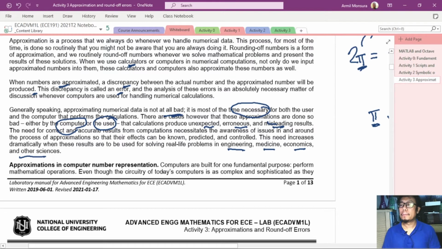So you have to be aware of these issues.